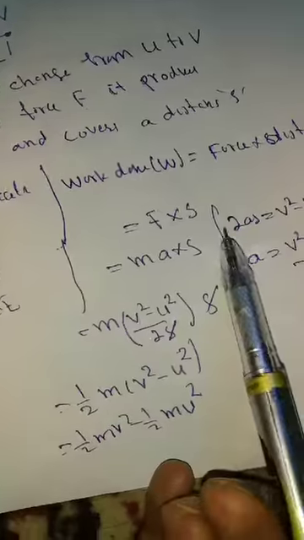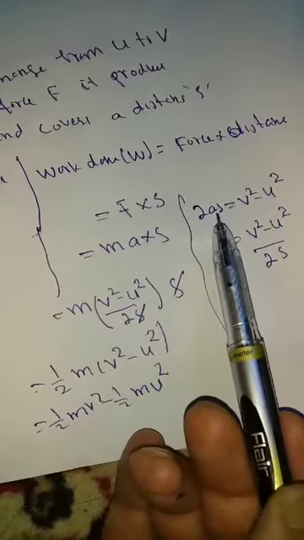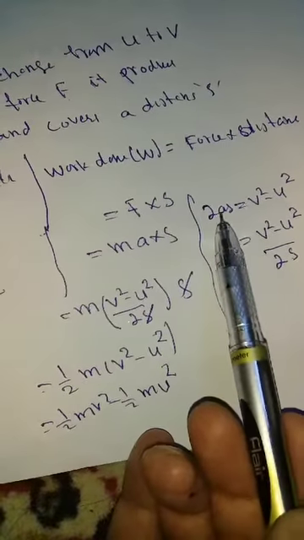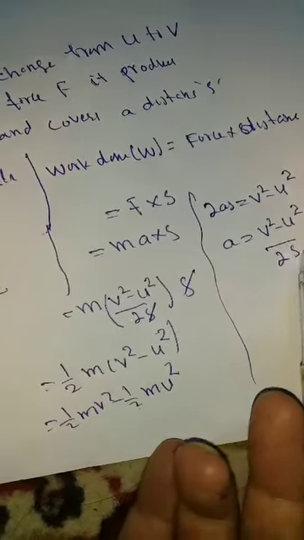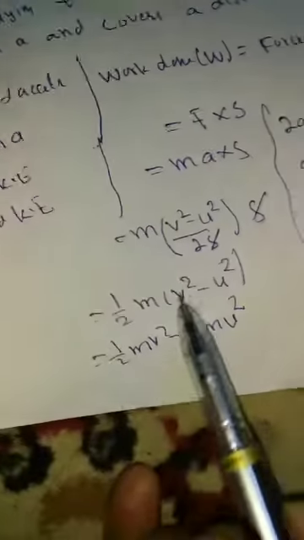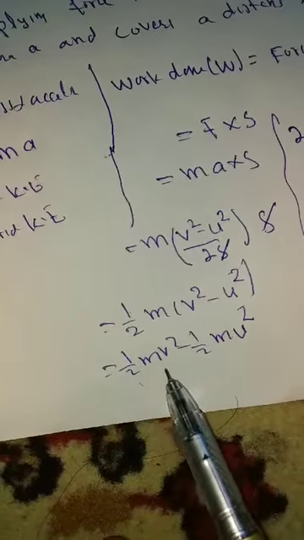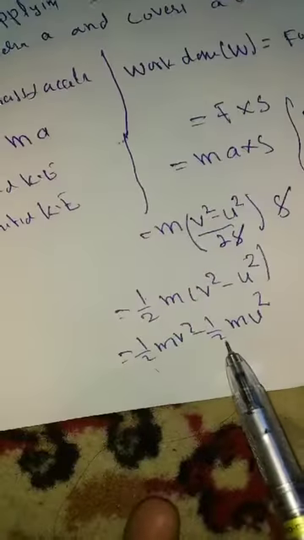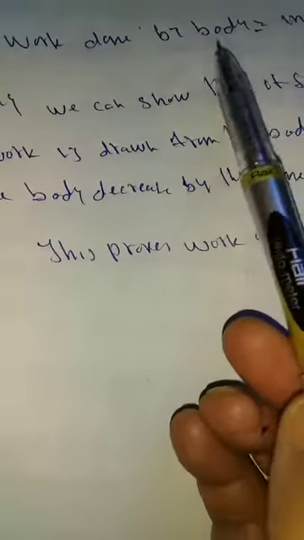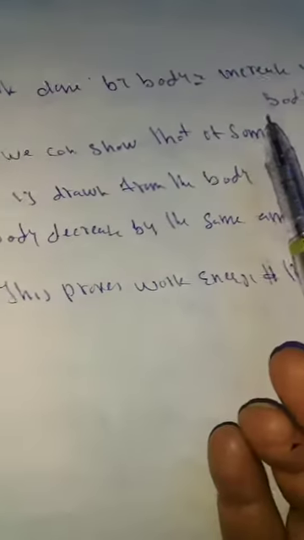From the third equation of kinematics, v square minus u square is equal to 2as. Ultimately, we get a equal to v square minus u square divided by 2s. We substitute here and get 1/2 of m into v square minus u square, where 1/2 of m v square is the final kinetic energy and 1/2 of m u square is the initial kinetic energy. That is the change in kinetic energy, here in the form of an increase in kinetic energy.